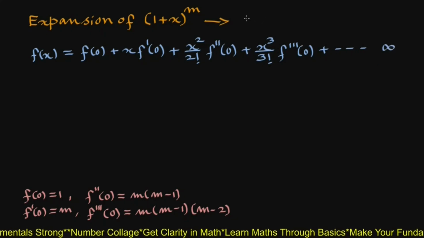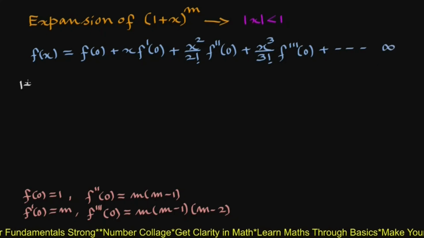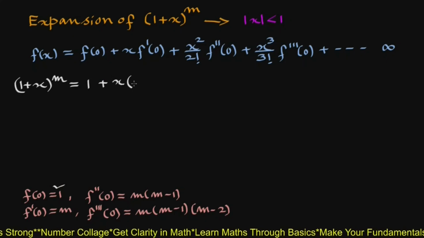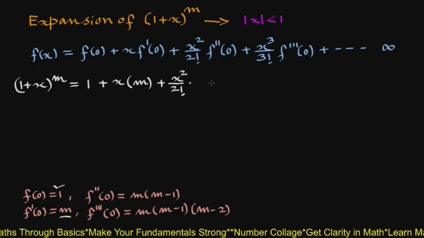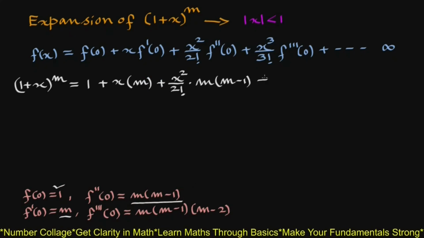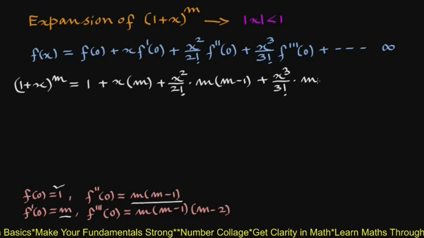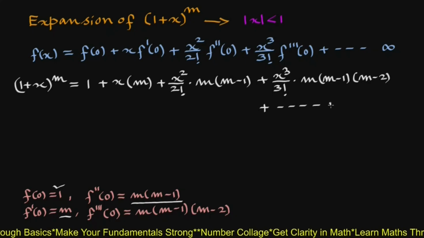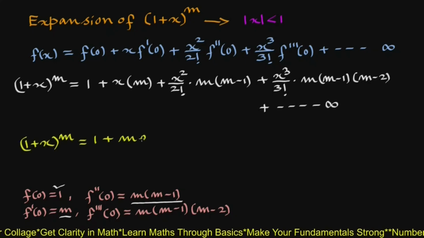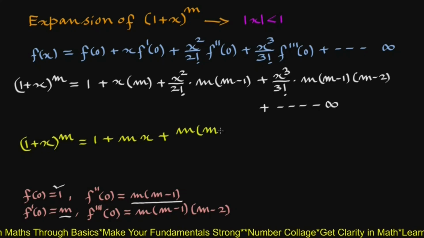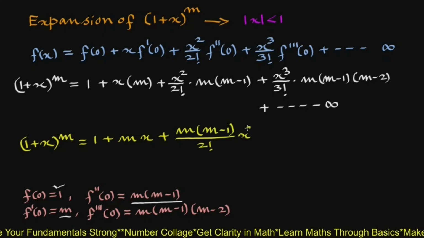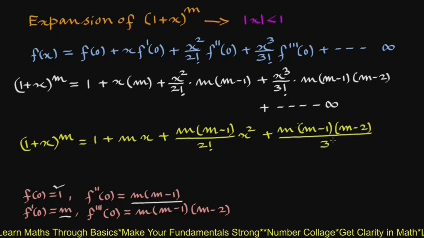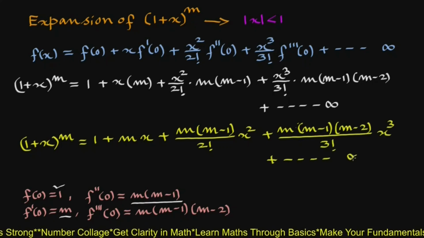At this stage, let us assume mod x less than 1. (1 + x)^m will be 1 + mx + m(m - 1)/2! x^2 + m(m - 1)(m - 2)/3! x^3 + so on and so forth up to infinity.